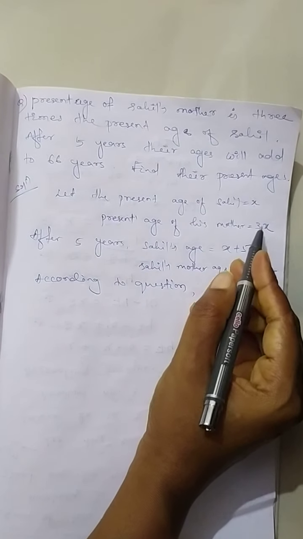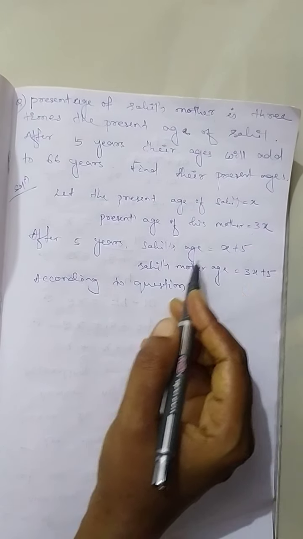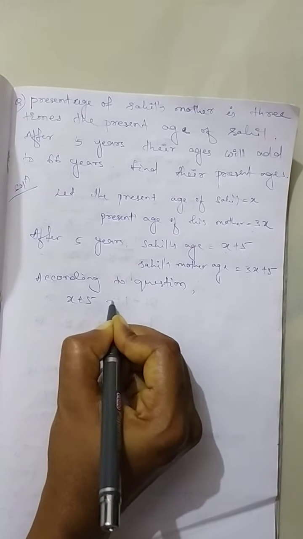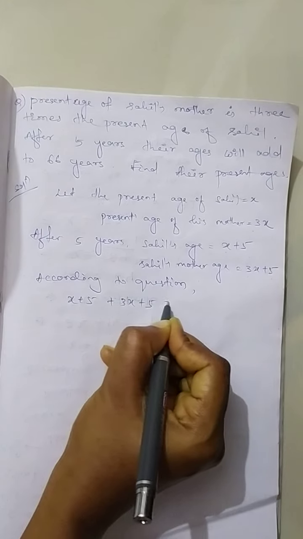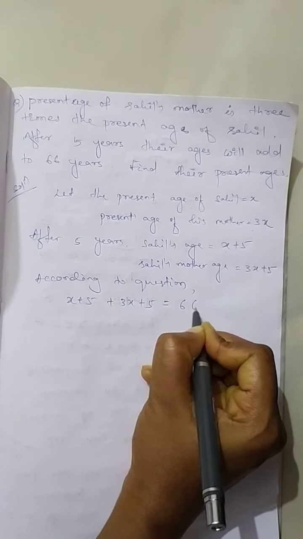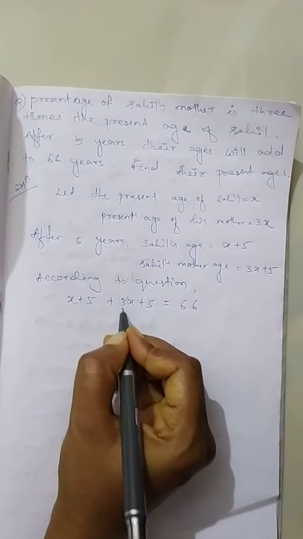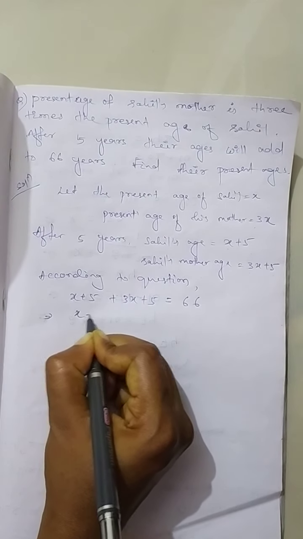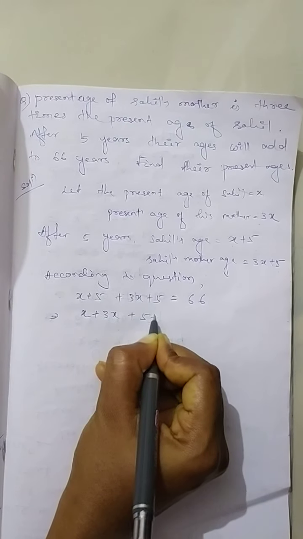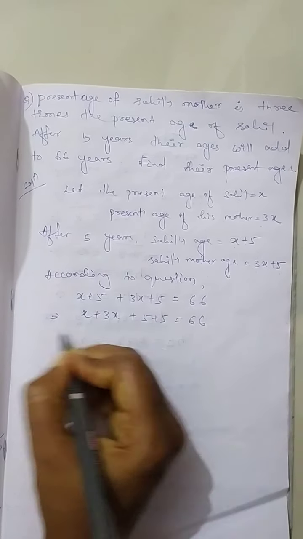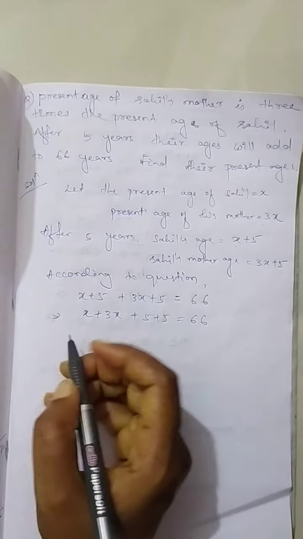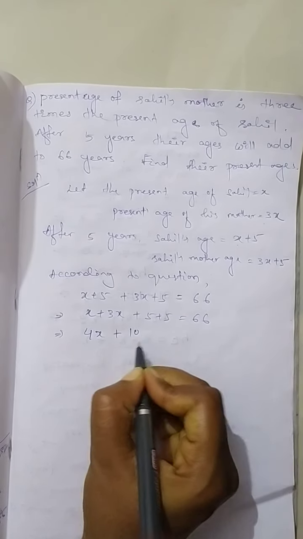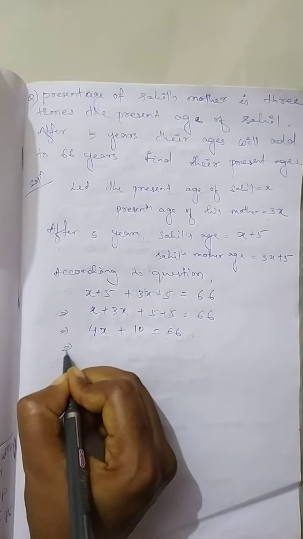So x plus 5 and 3x plus 5 will be 66 years. x and 3x are like terms, so we will rearrange this equation. x plus 3x is 4x, plus 5 plus 5, that is 10, equals 66.